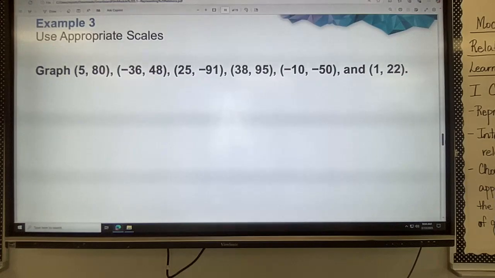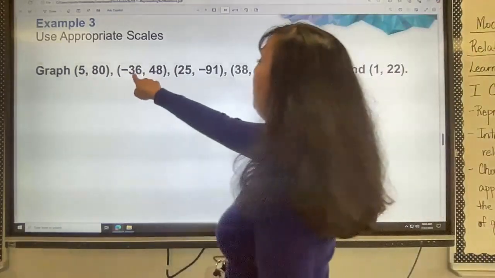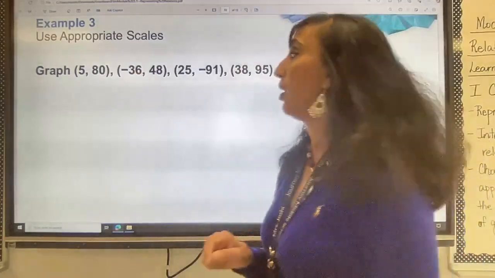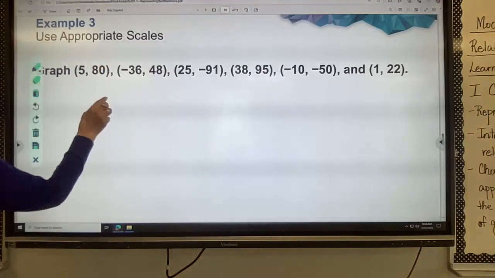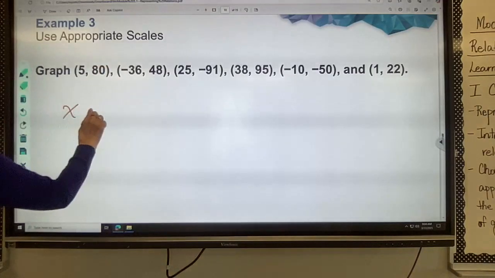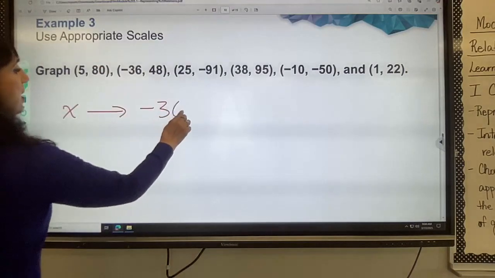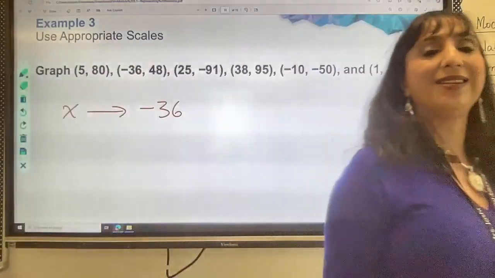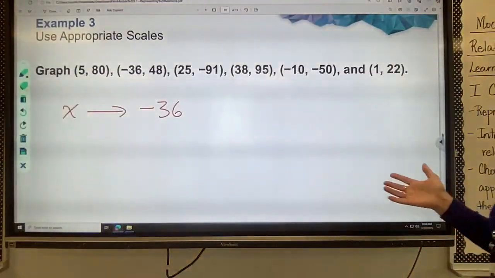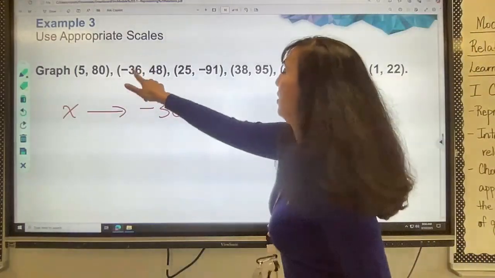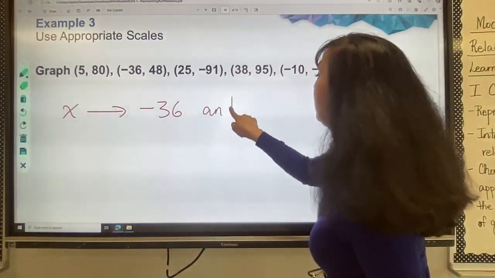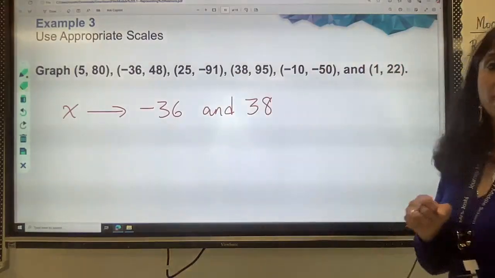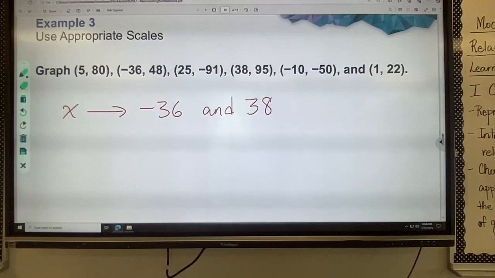So if I'm looking at the x coordinates, the smallest x coordinate that I see over here is -36. And then we look at what is the largest one that we see over here. So for the x, -36, 25, 35, -10, so I have 38. Okay, so that's the smallest and that's the largest.